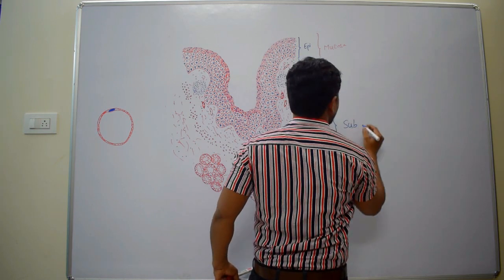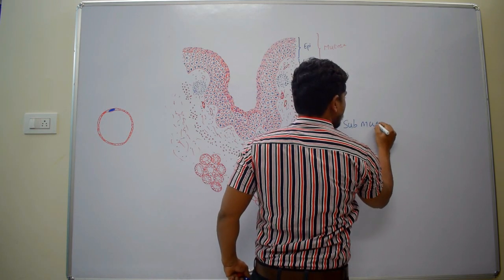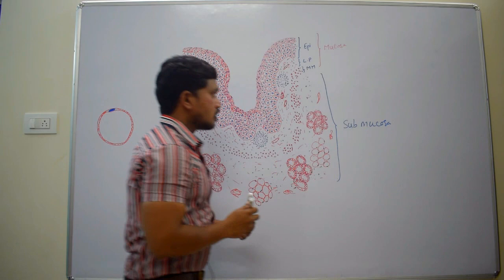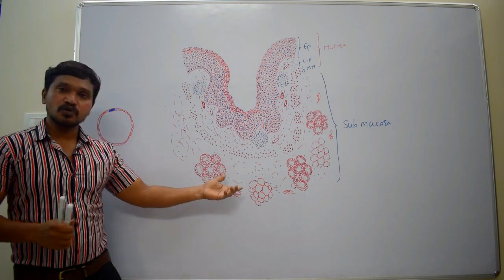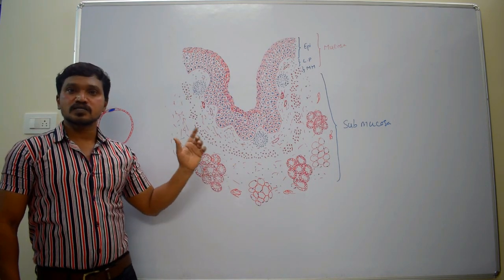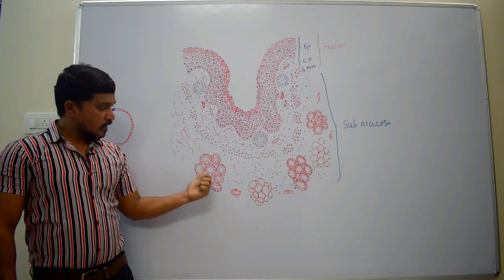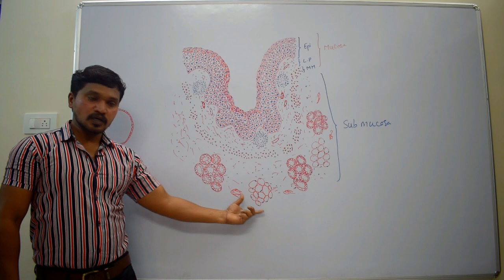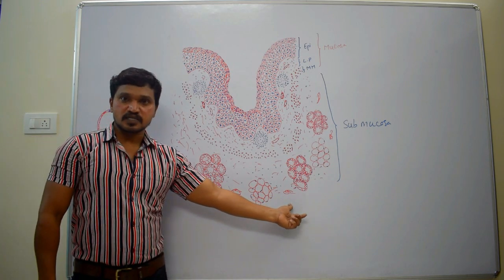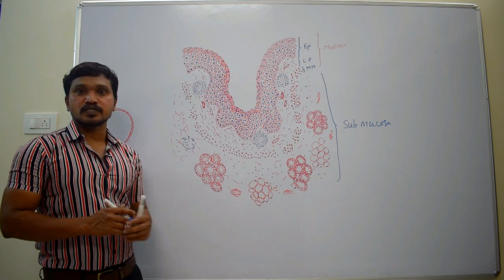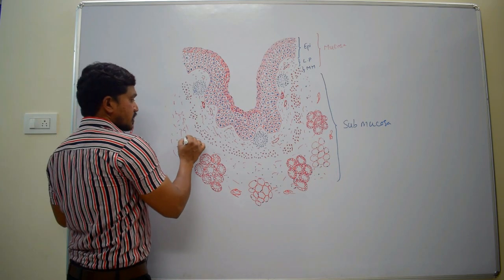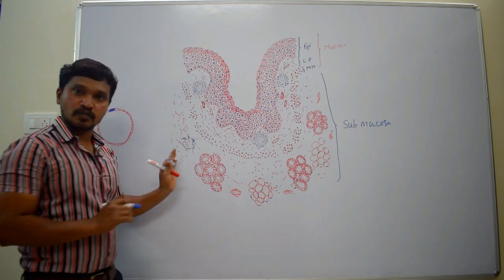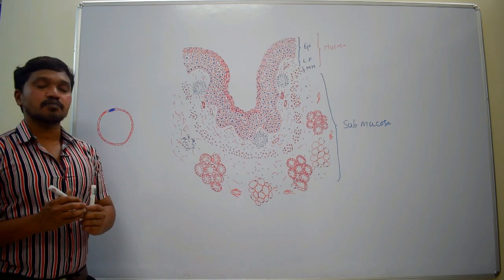This is mucosa, this is submucosa, right? Very simple. Submucosa is made up of moderately dense irregular connective tissue, contains esophageal glands, some amount of fat tissue also present, and Meissner's plexus. Along with these structures you will get some aggregation of lymphoid tissue, right? So this is about the submucosa.